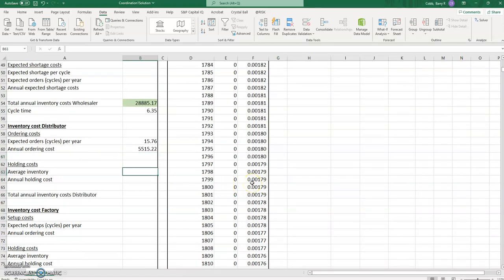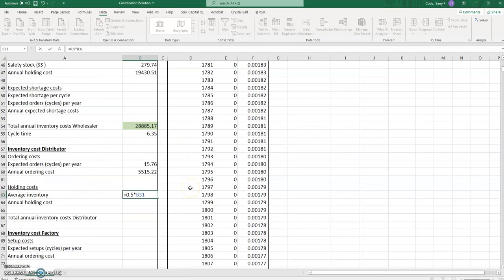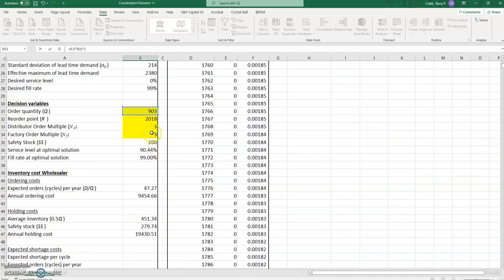All right, now we move on to the holding cost for the distributor. So the holding cost for the distributor is going to be similar, except requiring an adjustment for the multiple that the distributor is using. So if we look at the wholesaler's cost, it is 0.5 times Q, and that's also true for the distributor. But remember that Q as an order quantity is multiplied times the distributor's order multiple.